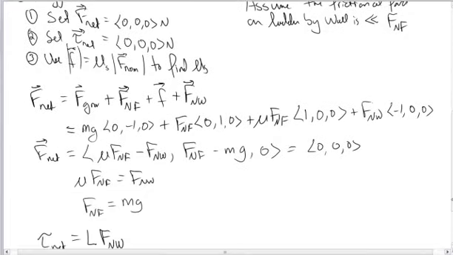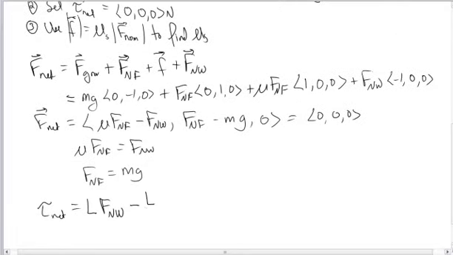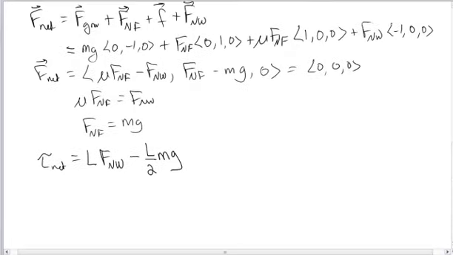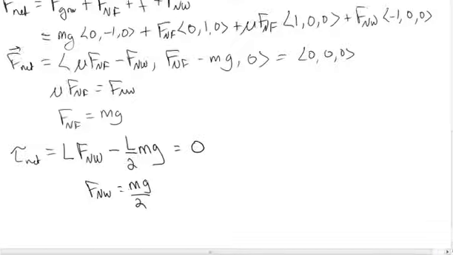So we get a negative L over 2 mg. Now, this needs to be equal to 0, so solving this, the normal force of the wall, notice that the L's actually go away, and this is simply going to be mg over 2. And that makes sense. This force has twice the lever arm that the center of mass does, so it only has to push half as hard to hold things up.